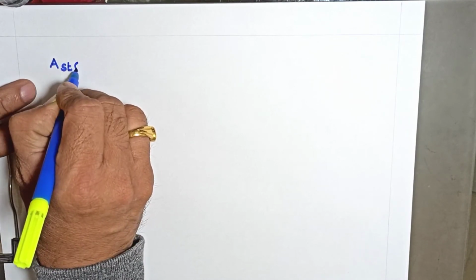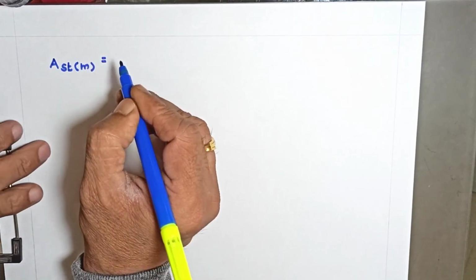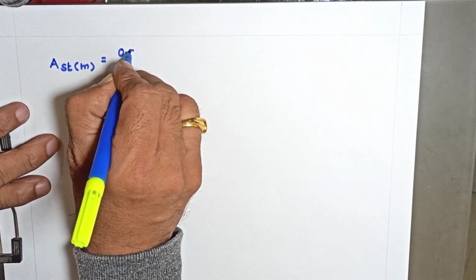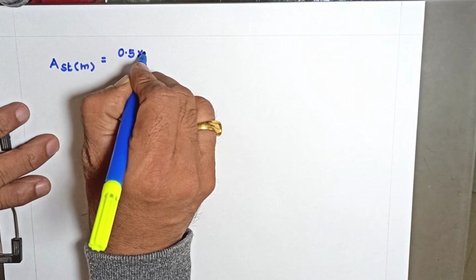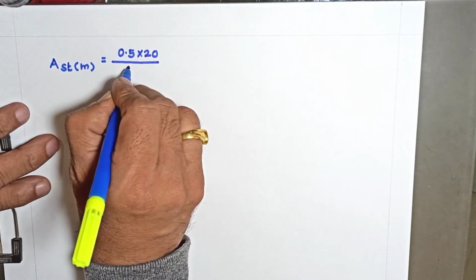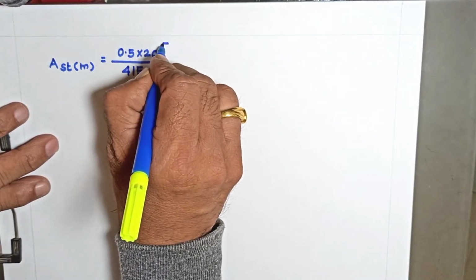So we will go on substituting these values. So Ast main is equal to 0.5, value of fck is 20, divided by fy is 415 into bracket.